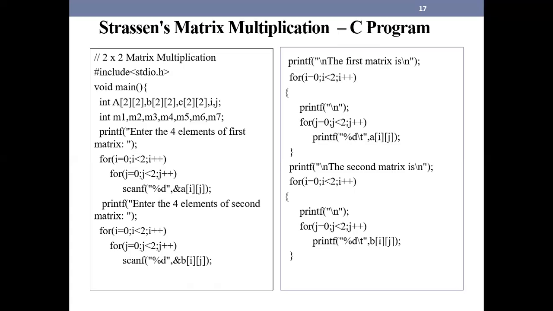In this slide, the first half is the code for getting input for matrices A and B. The second part prints the input matrices A and B in matrix form.